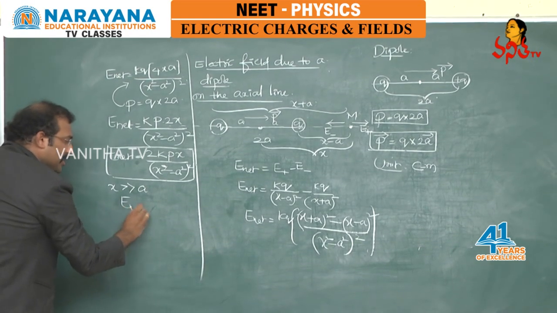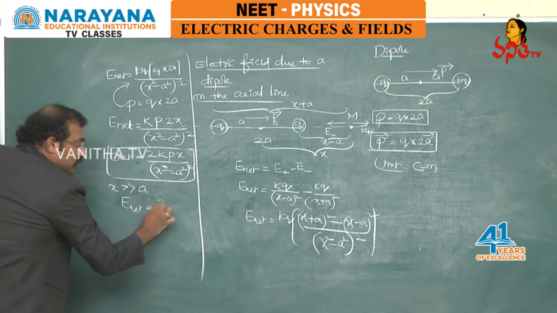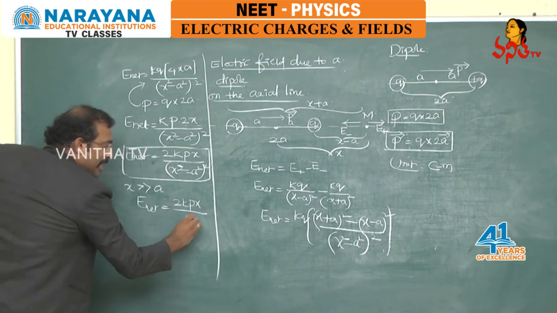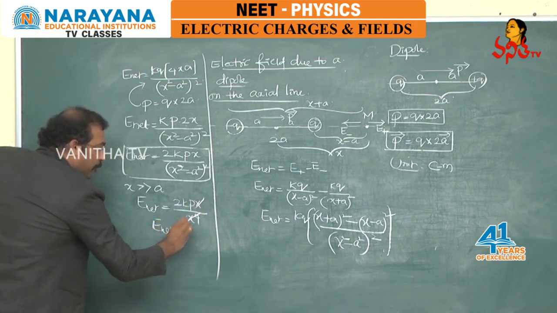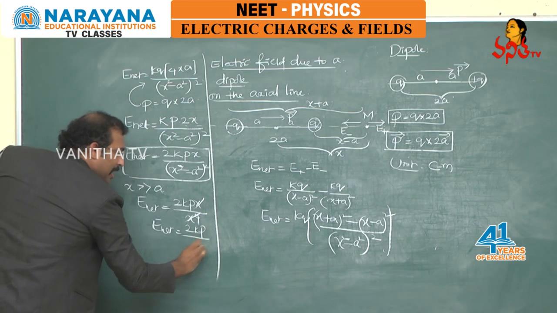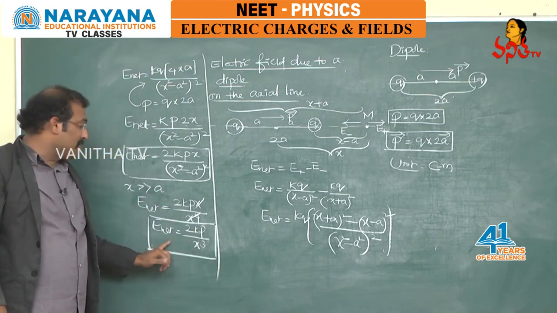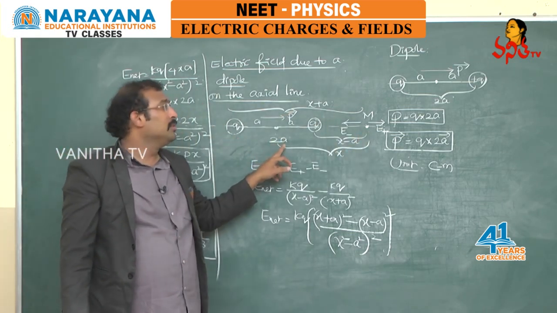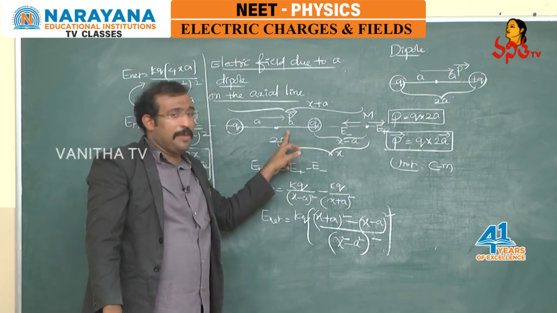Then I can write the electric field due to the dipole on the axial line as 2kp into x by, this a can be neglected, x power 4. Net electric field due to the dipole is 2kp by x cubed. So this is the net electric field on the axis of a dipole in the direction of the dipole moment due to a short dipole.